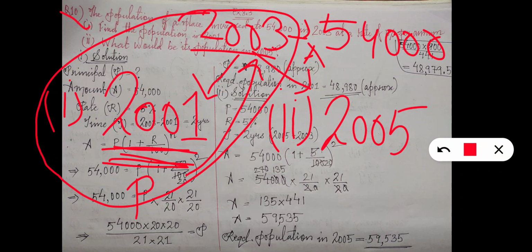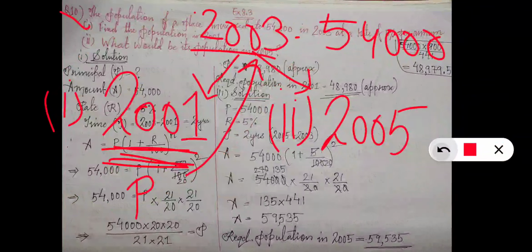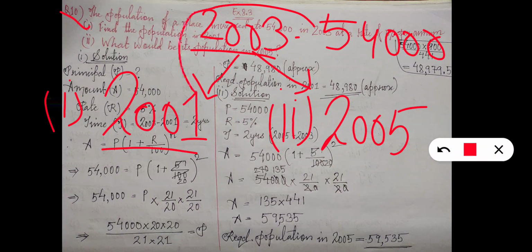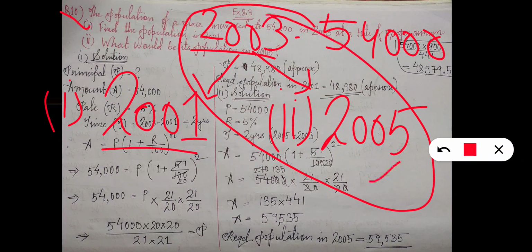Why? Because 2003 is greater than 2001. You have to find the principal for 2001. And if you compare the second part of this question, in these two cases, 2005 is greater than 2003. So this will be the principal that time, and you have to find the amount in this case. Are you getting my point?